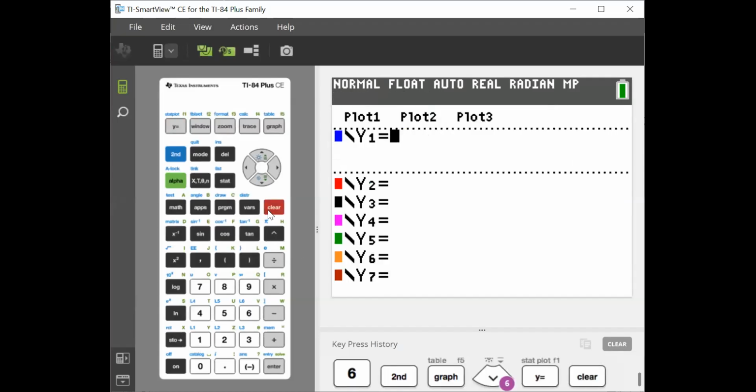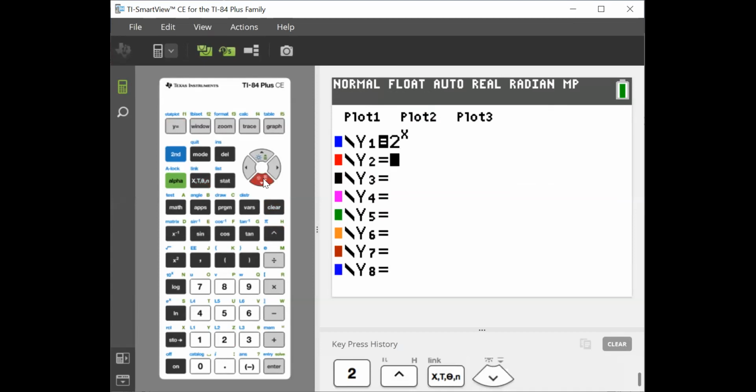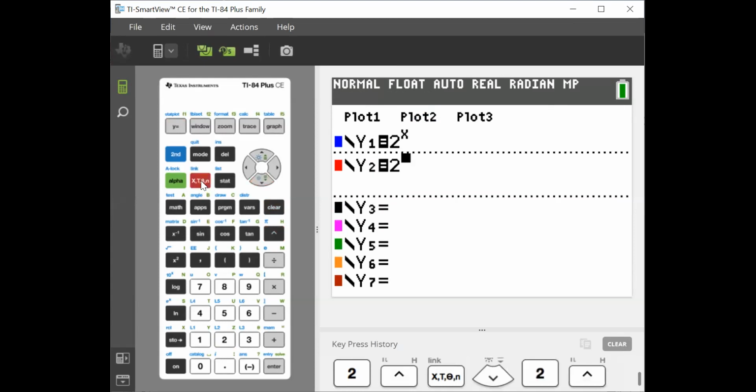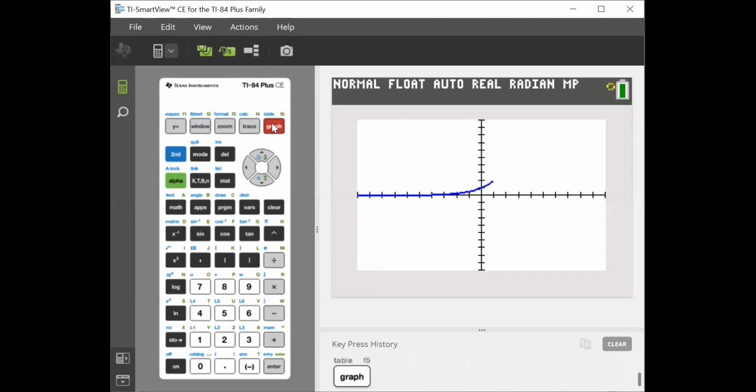Okay. So we can compare to the original function. Let's put the parent function 2 to the x and compare it with our new function 2 to the x plus 1, and then minus 3. Okay, so there's our original function. You can see our new function.